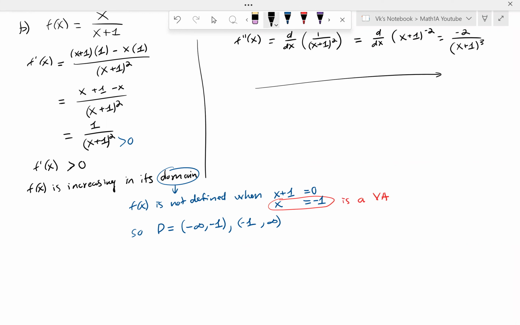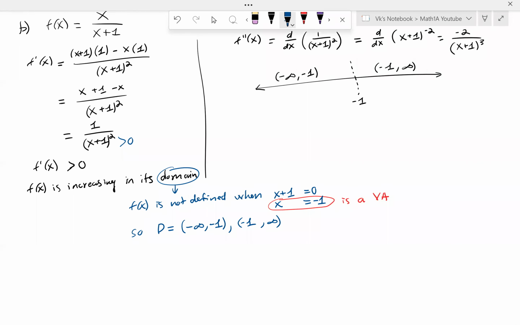We're gonna cut the interval into two intervals on each side of the vertical asymptote: negative infinity to negative 1, and negative 1 to infinity.